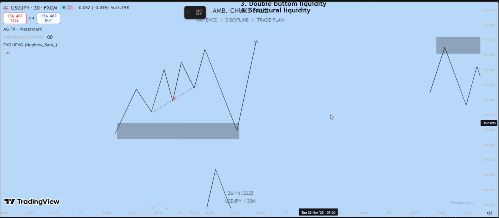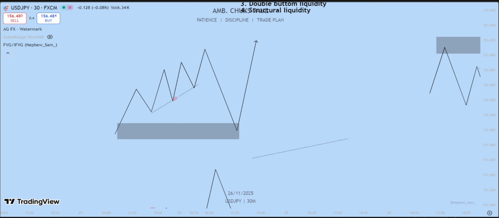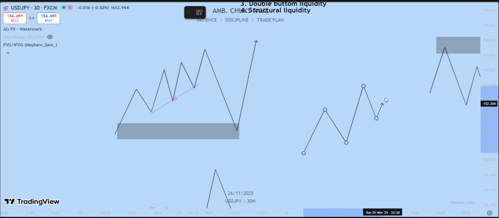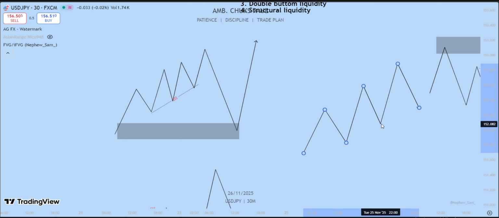Remember, I told you that for you to mark your trend line, you need two touches, right? For a trend line to be accurate, you need two touches. That is to say, if price is in an uptrend, let's say price is breaking structure to the upside, and you want to mark your trend line, you need at least a minimum of two touches for you to be able to validate your trend line.